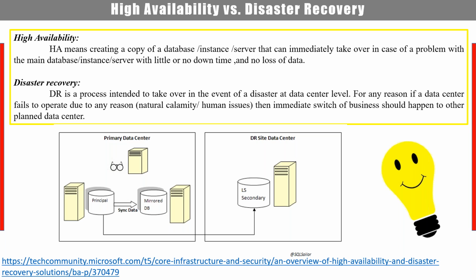At the data center level, they will keep two different data centers. One is the primary data center, and one is the DR data center, the disaster recovery site. In case something happens to the primary data center, I can bring the DR site online.